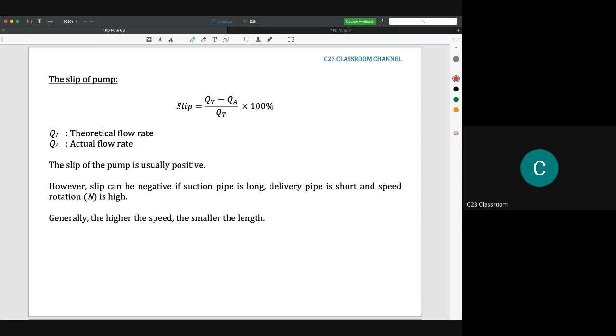If the actual volume is equal to the theoretical volume, that is the best piston pump we could have. So the first idea is we need to calculate the slip of pump. The equation is the theoretical flow rate minus the actual flow rate, divided by the theoretical value, then multiplied by 100%, and then we get the percentage of the slip of pump.